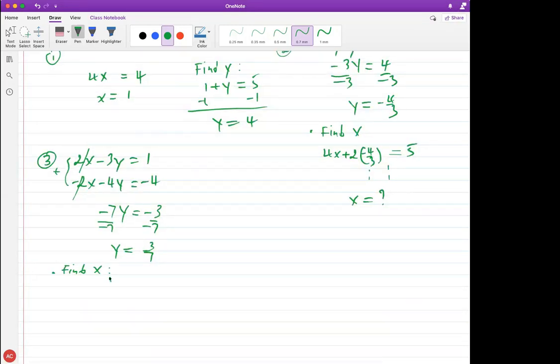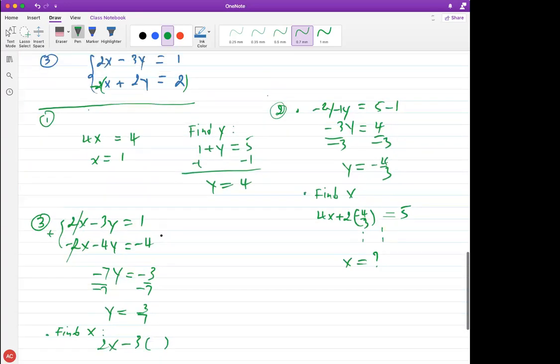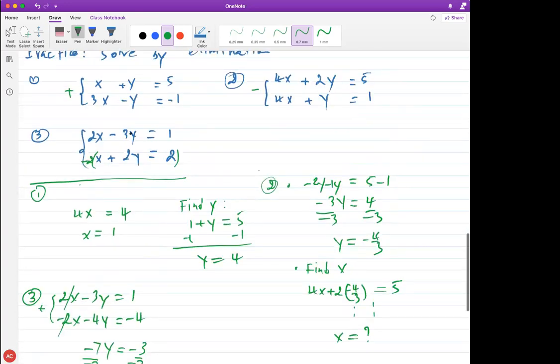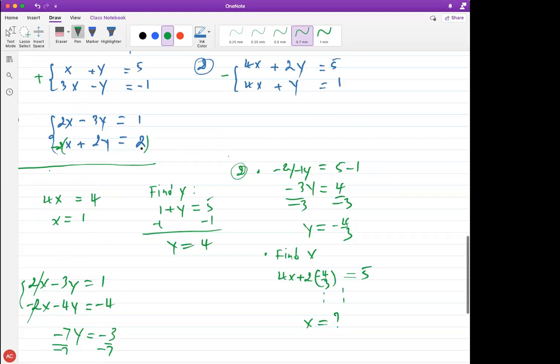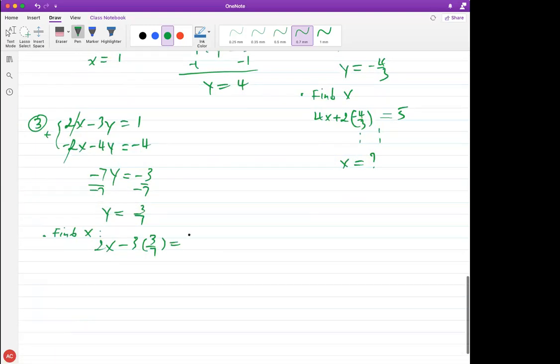So it's going to be 2x minus 3 times y, and again y is 3/7, and equals 1. You find y, and then find x. Just solve this first degree equation, just like the other one.